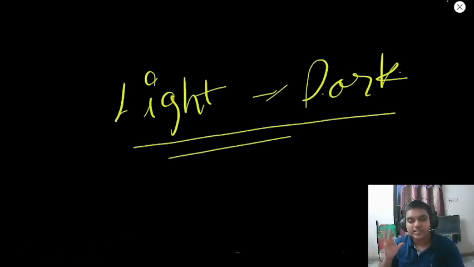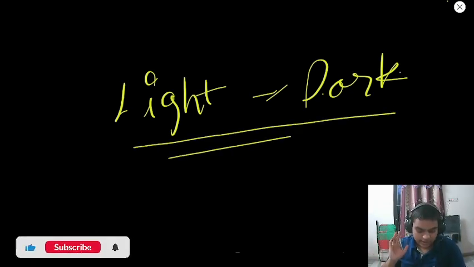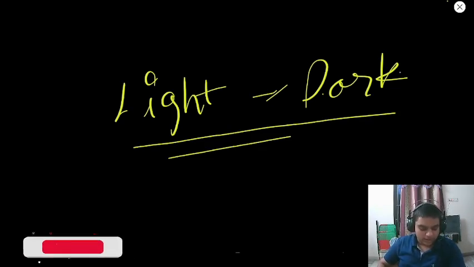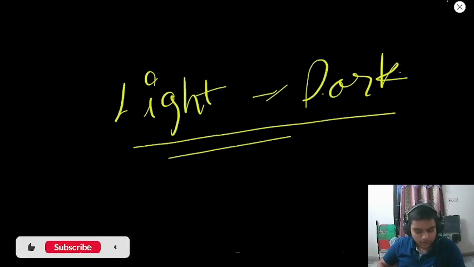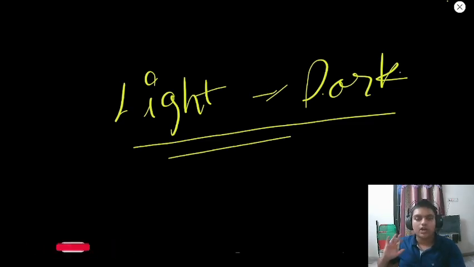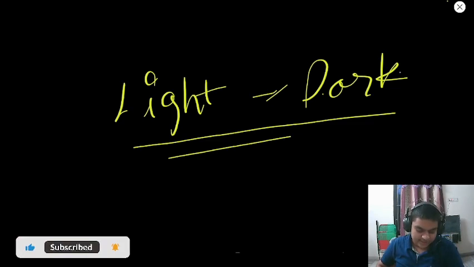Equal importance is given to light and dark. Hence, it is said that flowering in certain plants depends not only on the combination of light and dark exposures but also on their relative durations. And that response is called photoperiodism. We have already seen the definition.